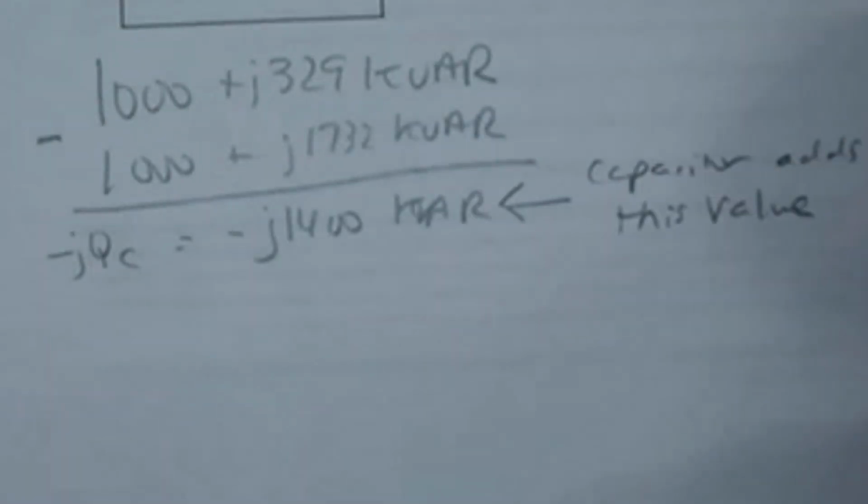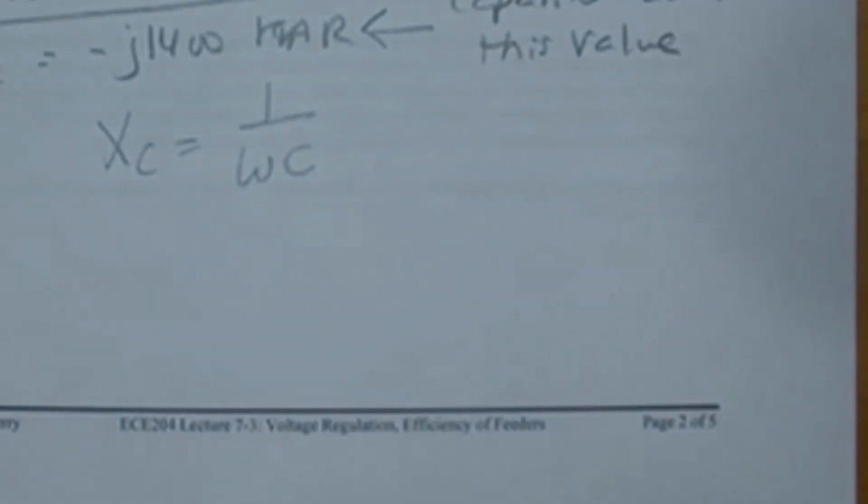Okay, we're almost done. I have 3 minutes. I'm trying to finish this problem. So that means that XC, or the value of the capacitor, should be 1 over omega C, where QC is the magnitude of the voltage squared over XC.